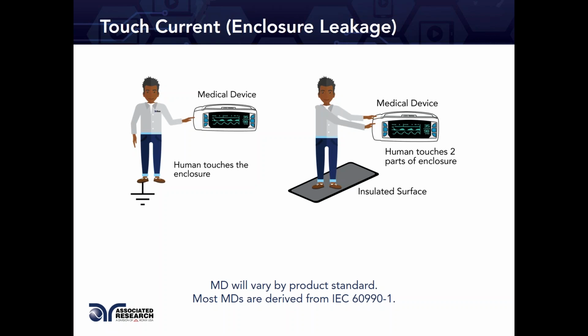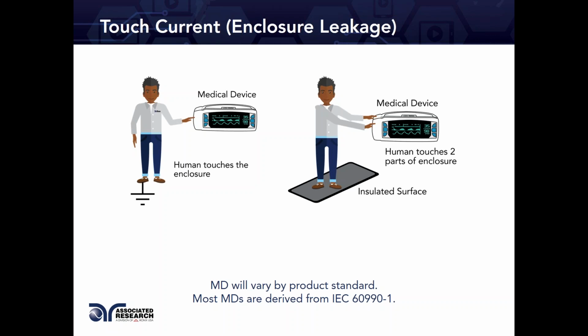In the picture on the right side, the person is coming in contact with two different points on the enclosure. This means that you're basically becoming a part of the circuit, because the current is going to enter you from one hand, flow through the human body, and come out from the other. So in this case, the human touches two parts of the enclosure.